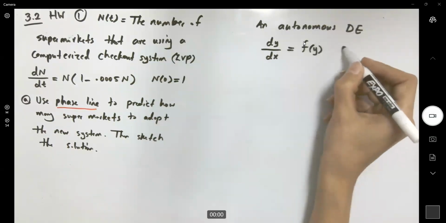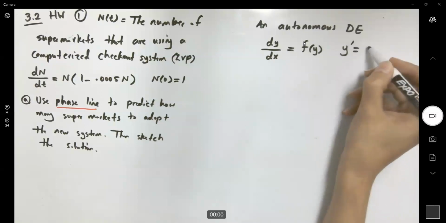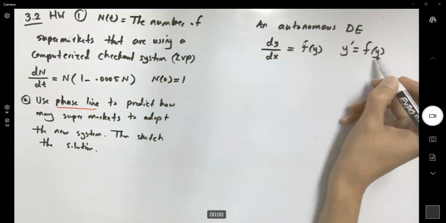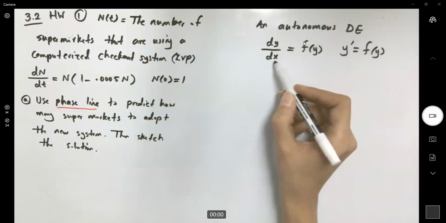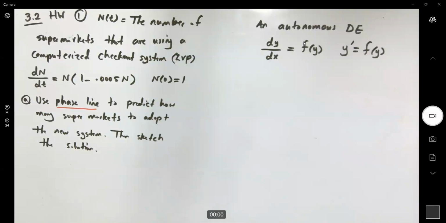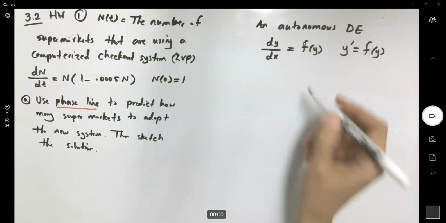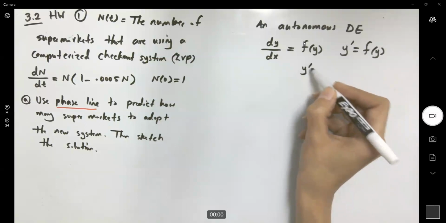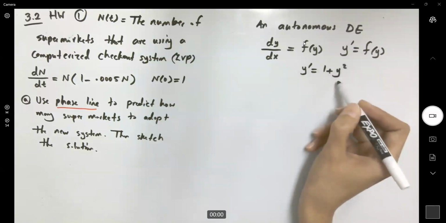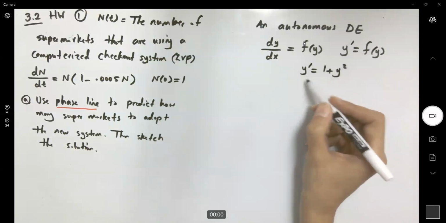On the left-hand side, you have the derivative, and on the right-hand side, you only have a function of y. You do not see any function of the free variable x. For example, y prime equals 1 plus y squared is an example of an autonomous differential equation.